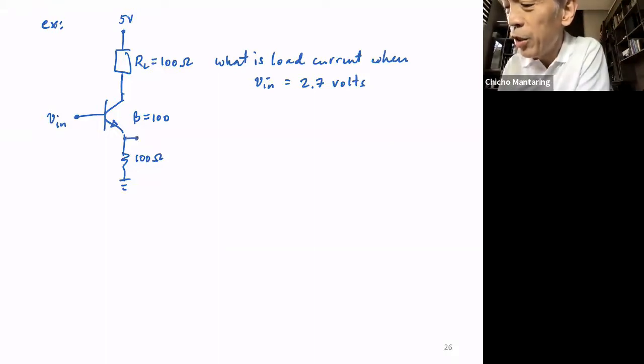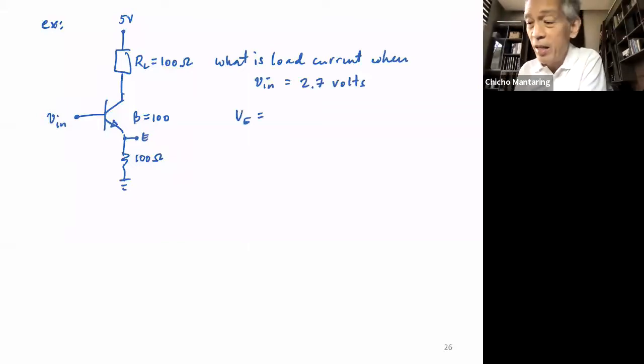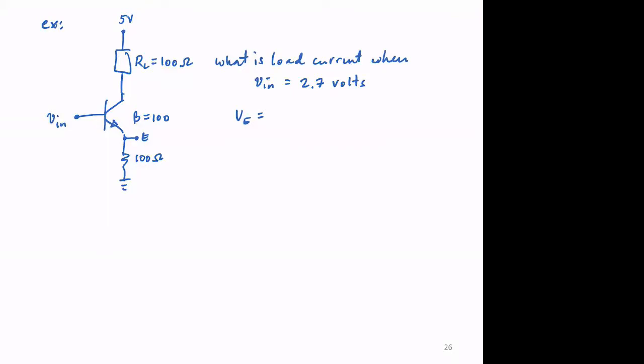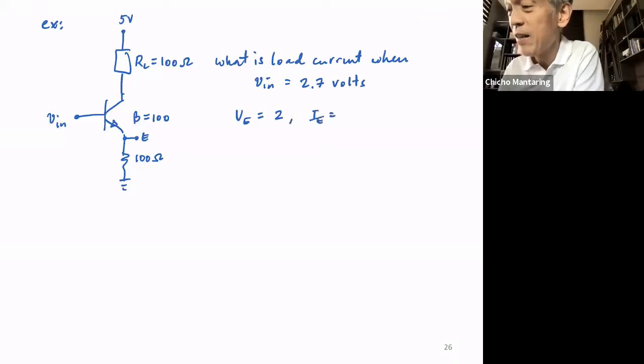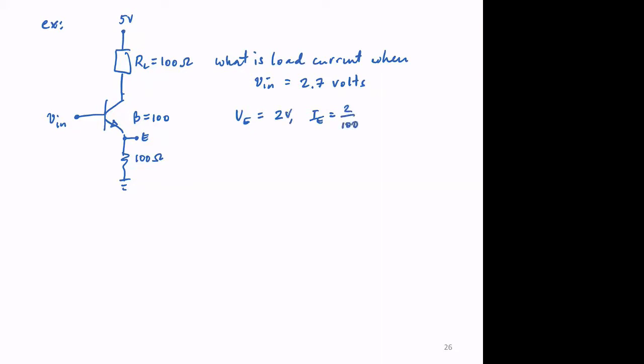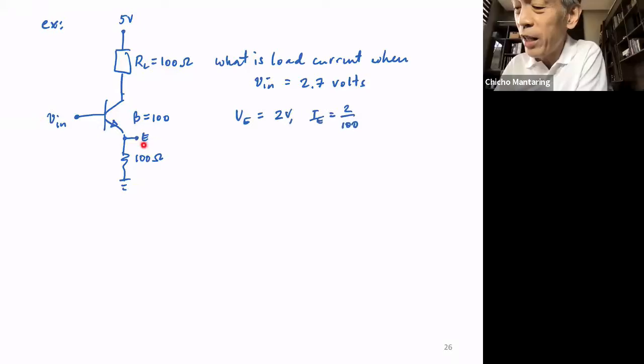Okay. So what will VE be equal to? Sigaw na lang ninyo, what is VE? If Vin is 2.7 volts, assuming that it is in active mode. 2 volts, ano? Therefore, what is IE? IE will be just 2 volts over 100 ohms. V is the voltage here.